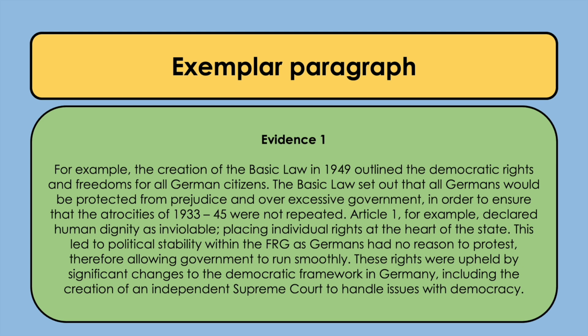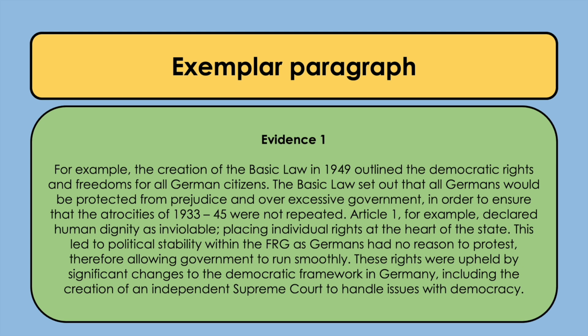Article 1, for example, declared human dignity as inviolable, placing individual rights at the heart of the state. This led to political stability within the FRG, as Germans had no reason to protest, therefore allowing government to run smoothly. These rights were upheld by significant changes to the democratic framework in Germany, including the creation of an independent Supreme Court to handle issues with democracy.